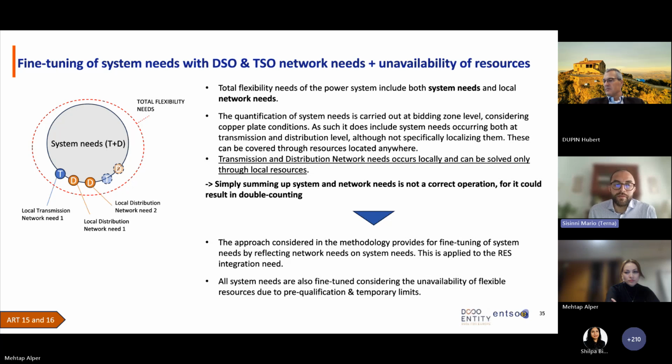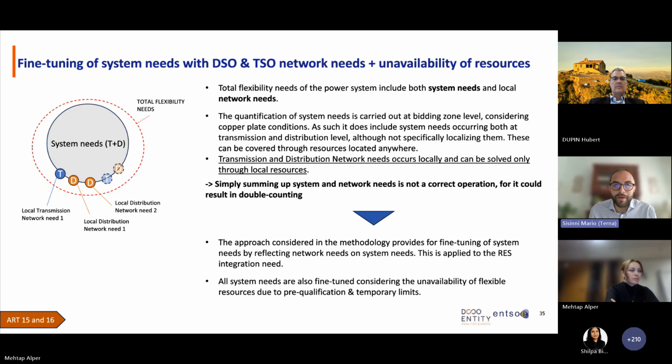On the contrary, if we introduce some resources to cover our local flexibility needs, so the transmission and distribution flexibility needs, we solve our local constraints, but at the same time, these resources could also contribute to mitigating our system needs. So we would basically be double counting some needs or some resources.